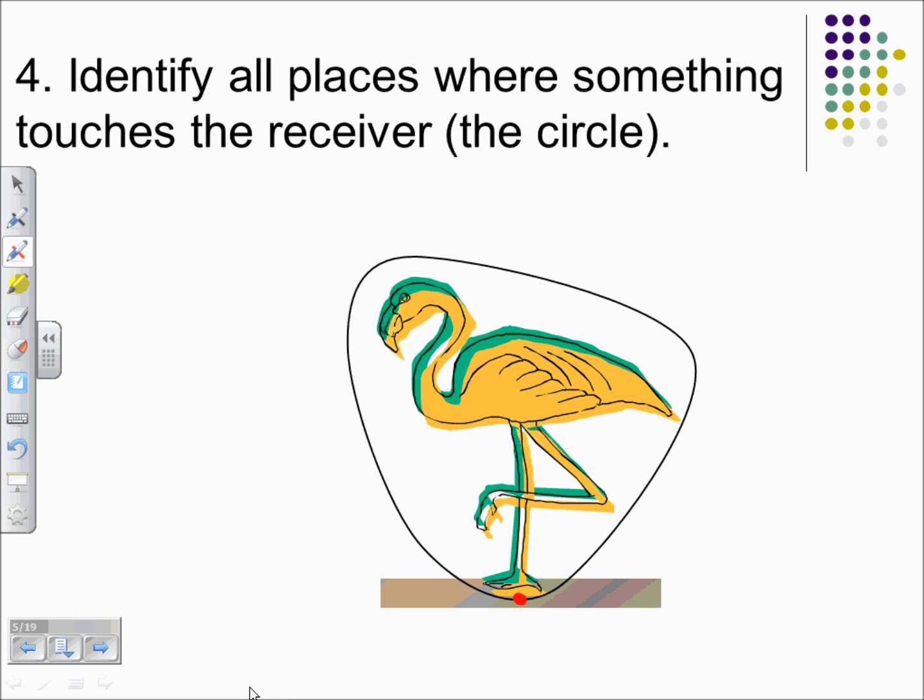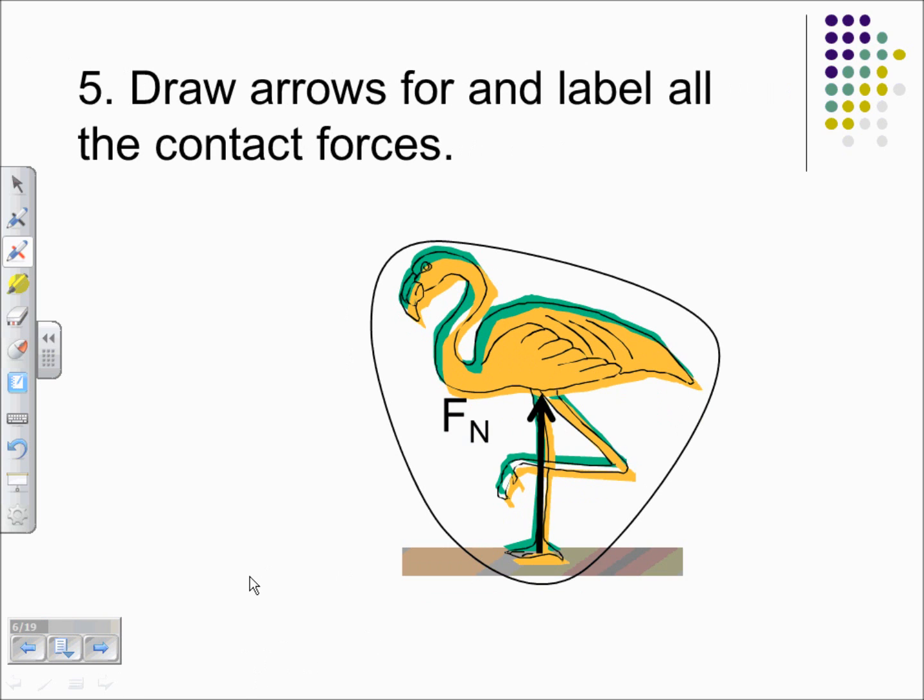Now, that leads us to picking out forces, and because something is touching our receiver, we know that's going to be a contact force. So we're going to be drawing arrows for and label all contact forces. Now if you take a look right here, I'm referring to contact forces only because something was touching our receiver.